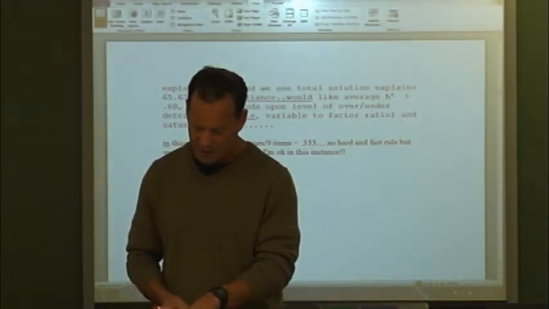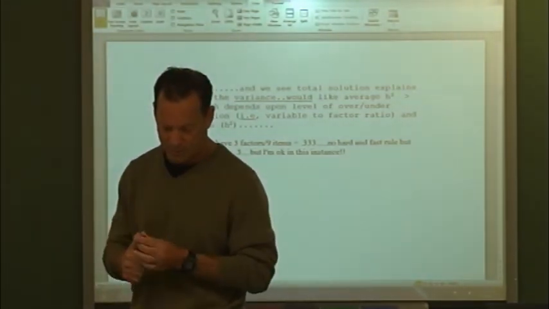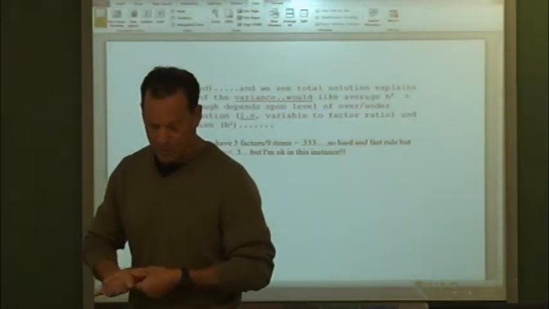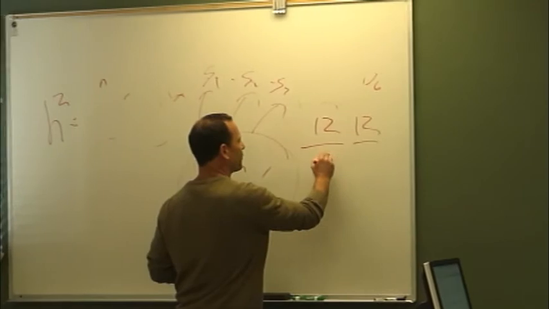So in other words, if you have 8 items to 3 factors, or 12 items to 3 factors. Let's make it the same number of items, 12 and 12, and you have 3 versus 4.